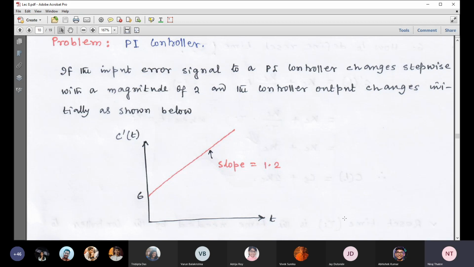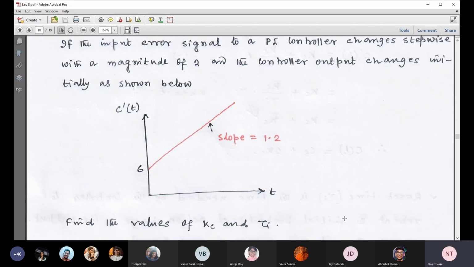So this question came in your semester exam 2017. And this question came in GATE exam in 2016. Now question is this one.